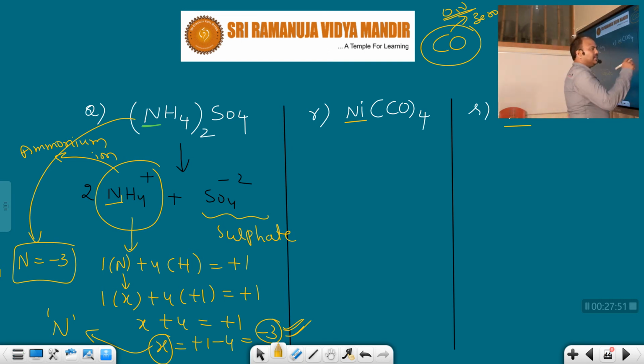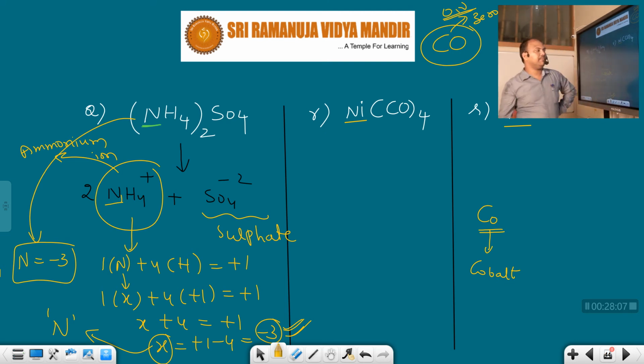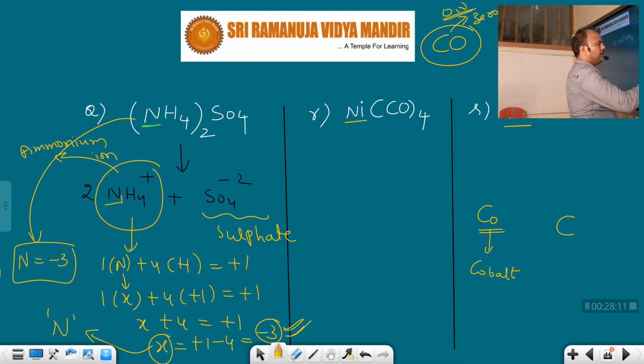Another important point: most students are confused between carbon monoxide and cobalt. Cobalt is the metal. The first letter is capital, the second letter is small: Co. Carbon monoxide is a compound where carbon and oxygen are both capital letters, CO. This is a poisonous gas.